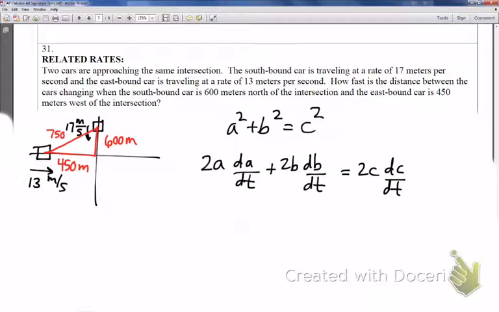We know what A is, we know what B is, we know what C is, and we know what dA/dt is, and we know what dB/dt is. So let's plug everything in.